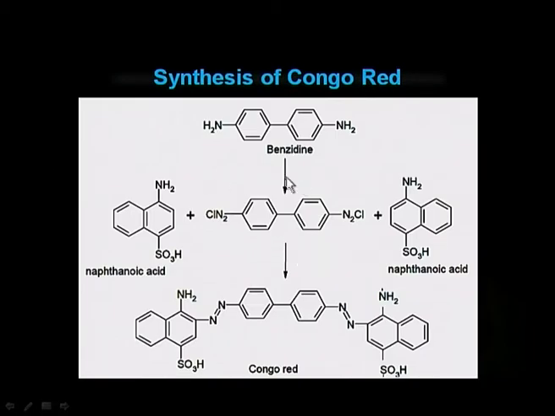Now, in this slide you can see that this is benzidine having 2 amino groups. When diazotization is done, both the amino groups are converted into diazotized benzidine, and then this diazotized benzidine undergoes reaction with naphthionic acid. Now, naphthionic acid undergoes coupling at this ortho position with respect to the amino group.